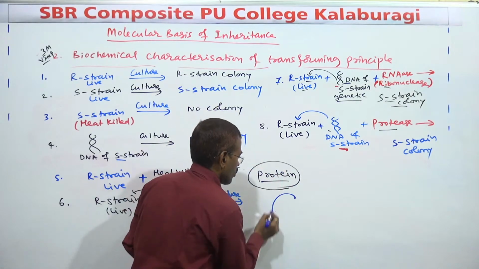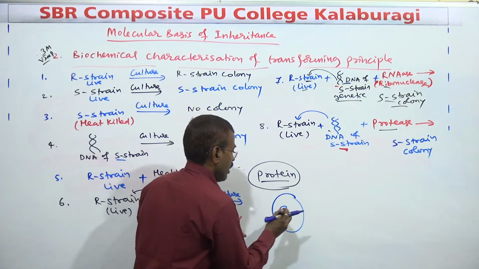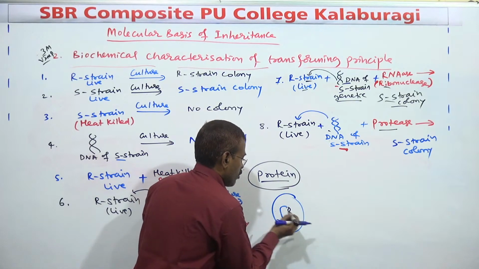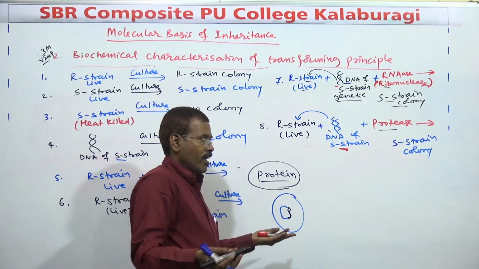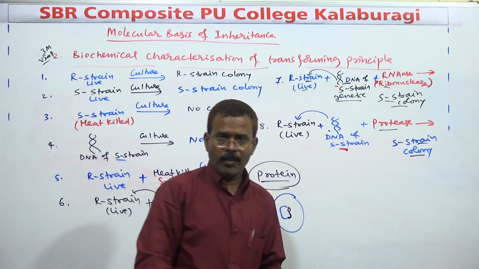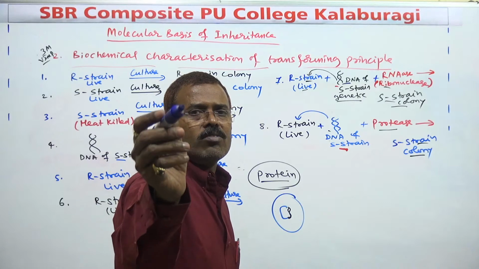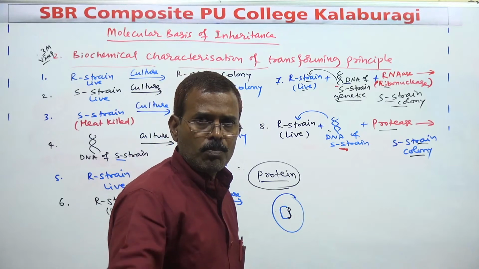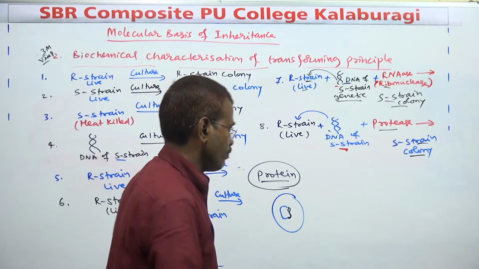Suppose this is our strain, this is the genetic material of our strain, and here the genetic material of the S strain will combine with it, and it results in the formation of a smooth strain. So this step has confirmed that protein is not the genetic material. Protein is not bringing bacterial transformation.